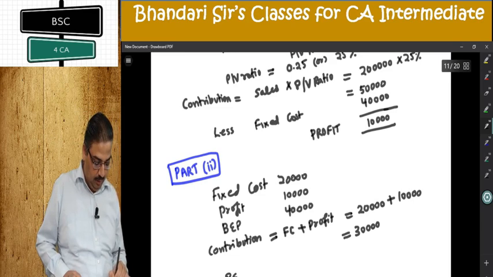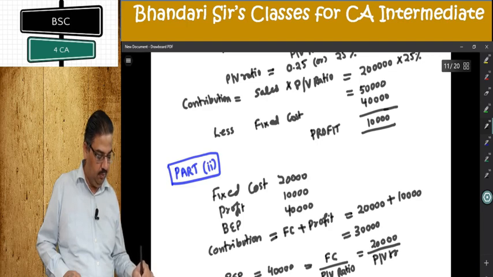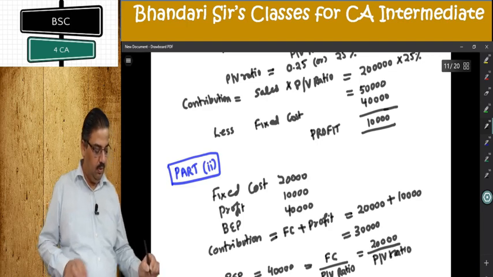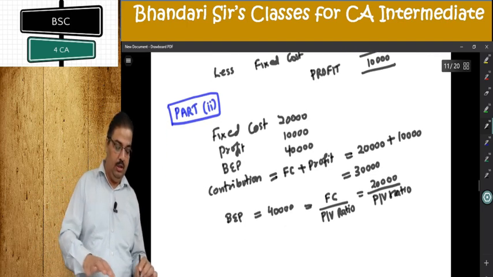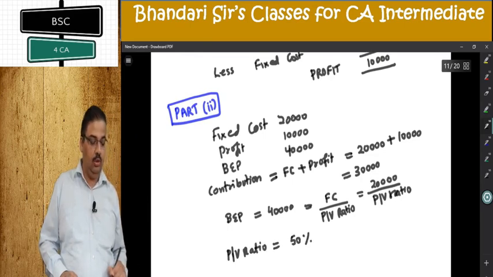What is break-even point? Rupees 40,000 is equal to fixed cost divided by PV ratio, 20,000 divided by PV ratio. This implies PV ratio is 0.5 or 50%.